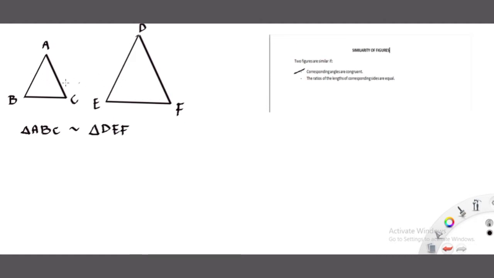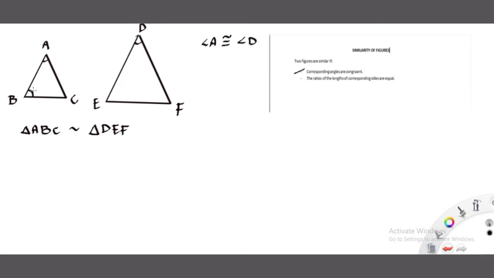So since these two are similar, ibig sabihin, ang corresponding angles nila are congruent. So when we have angle A, since ang angle that corresponds to angle A sa pangalawang triangle is angle D, we can say that angle A is congruent to angle D. Alright?